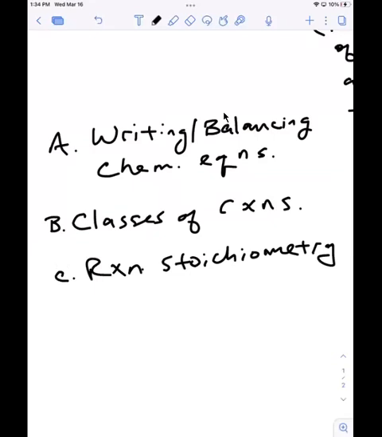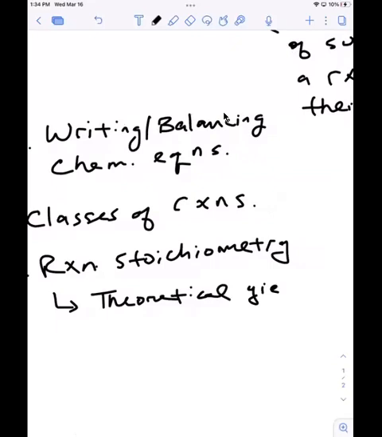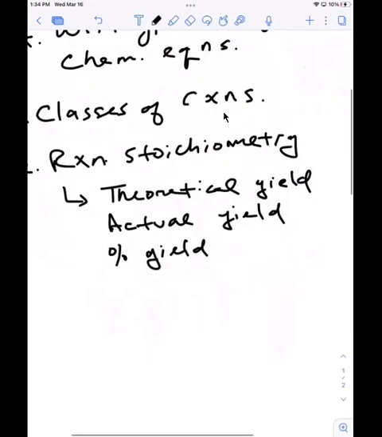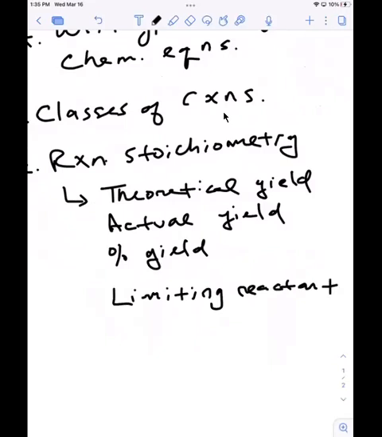And within that concept, we're going to talk about theoretical yield, actual yield, percent yield, limiting reagent, limiting reactant, as well as excess reactant.